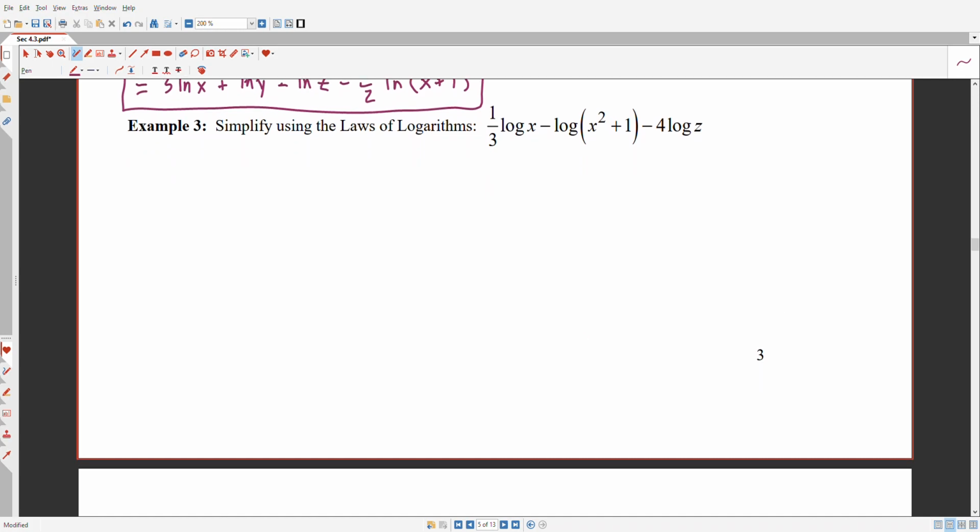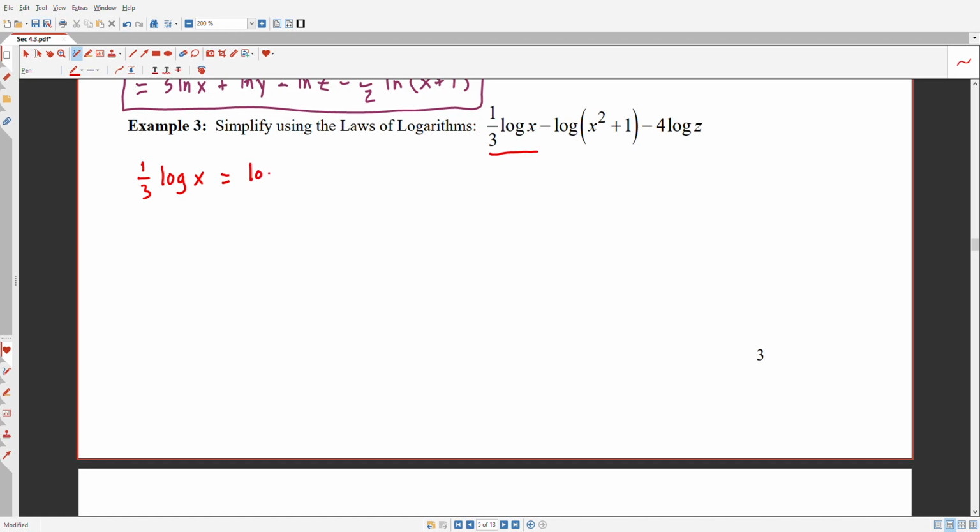Alright, so this example 3 wants us to simplify, by which they mean use the logarithm rules to write this as a logarithm of some nasty expression. So that first term, maybe I can color code it, I'll write in red, equals 1/3 log of x, and that's supposed to be read as log base 10, remember?